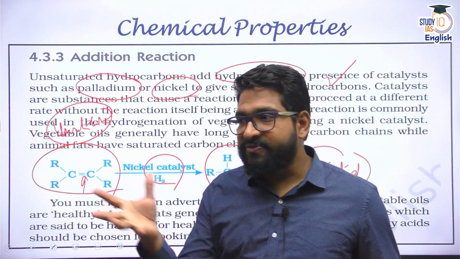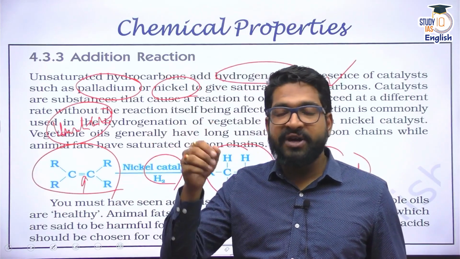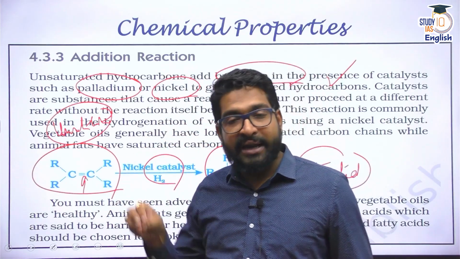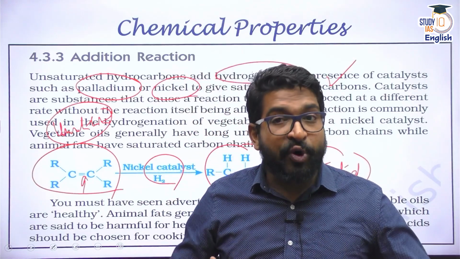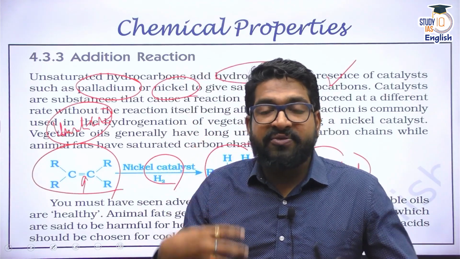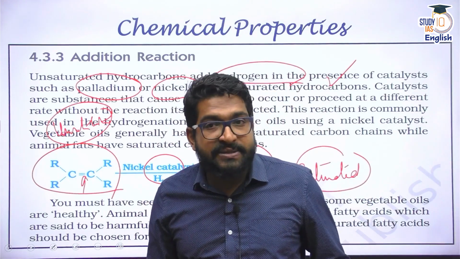Unsaturated fatty acids are found in vegetable oil. We have mustard oil, sunflower oil, safflower oil, groundnut oil. Those have unsaturated fatty acids, which are good for our health because fat deposition does not occur in our blood vessels, in our arteries.